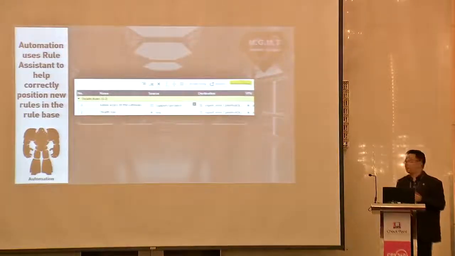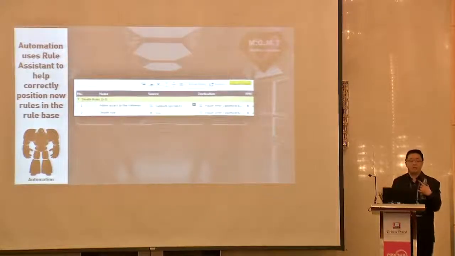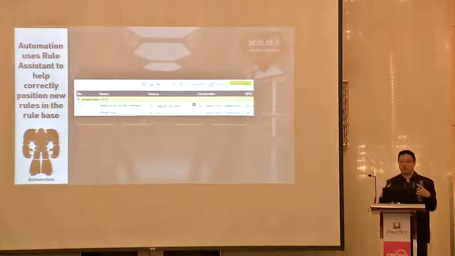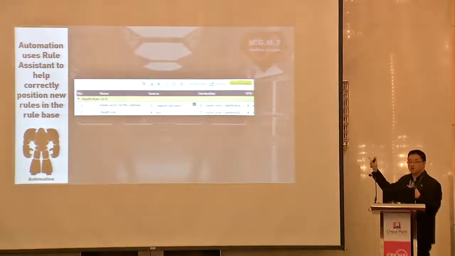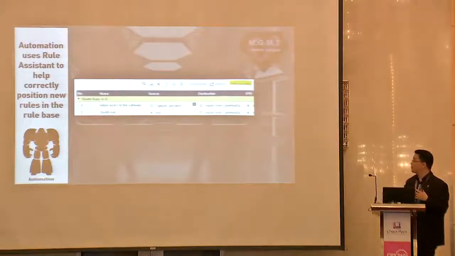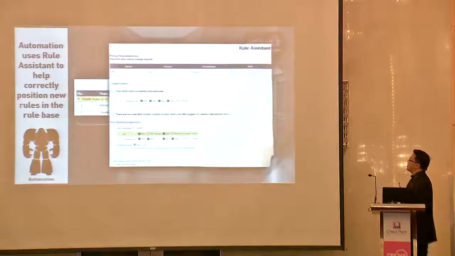Okay? So automation is not just about interoperability with other systems. Automation also talks about how it automates systems or checks within. Okay?